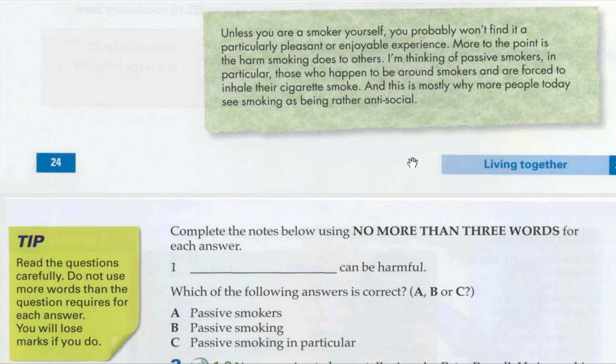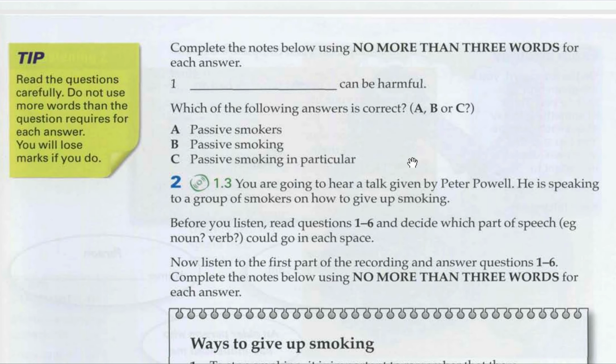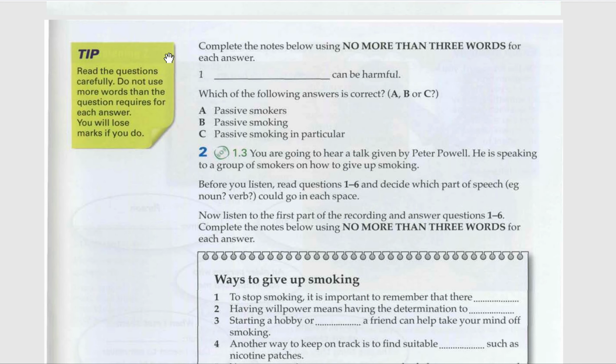Let's keep moving to the questions that you are going to listen to. But before that, let me give you a tip first. Look at the small yellow note here: read the questions carefully. Do not use more words than the question requires for each answer.